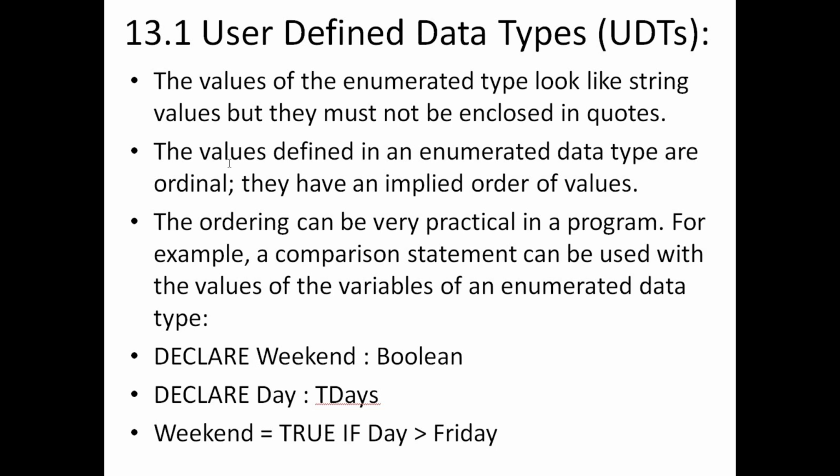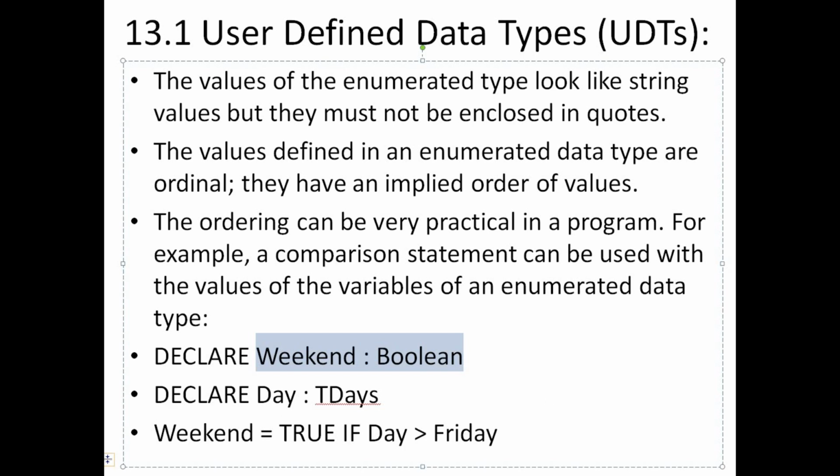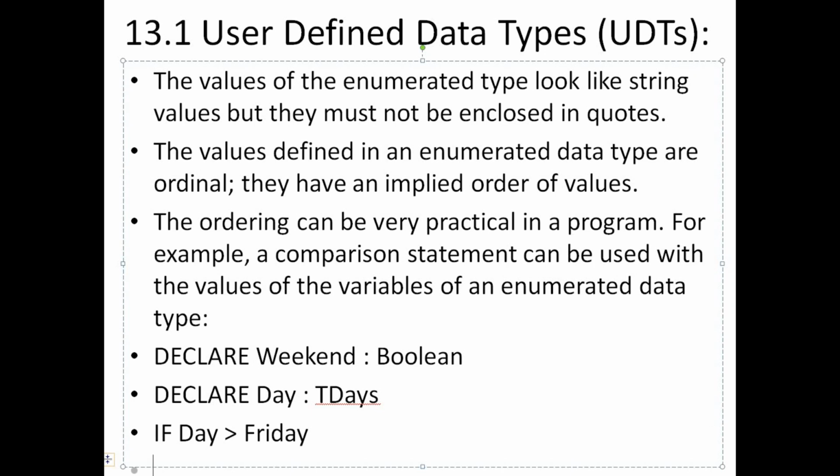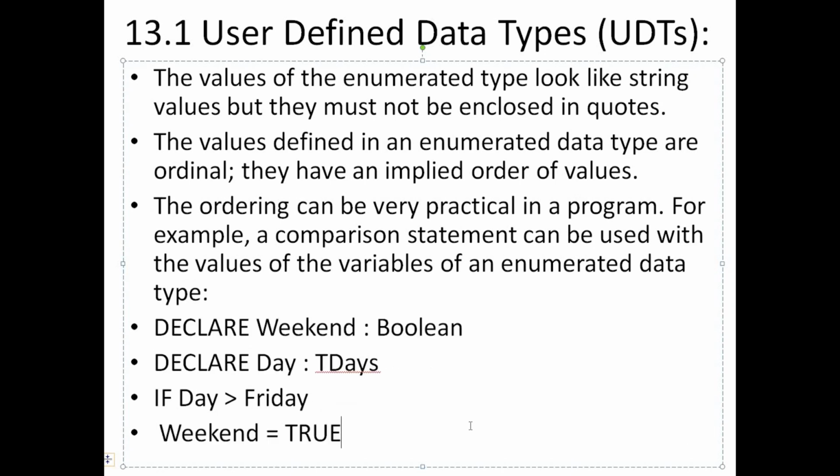For example, a comparison statement can be used, like: declare weekend as boolean, declare day as t days. Now this t days, you might have guessed, is supposed to be our enumerator. Weekend equals true if day is greater than Friday. If this is confusing, if day is greater than Friday, then weekend equals true.